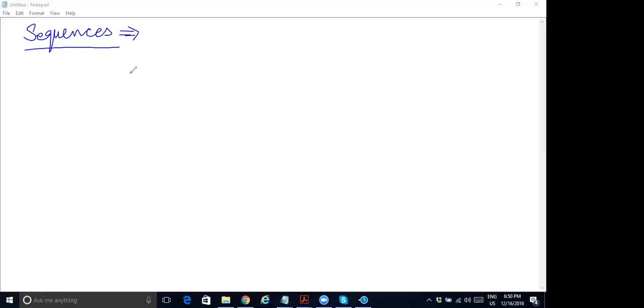And the last term is equal to a plus n minus 1 d. You can also calculate the sum of the first n terms, which is what they usually ask: n by 2, 2a plus n minus 1 d. That's AP.